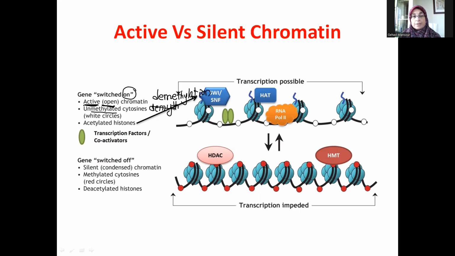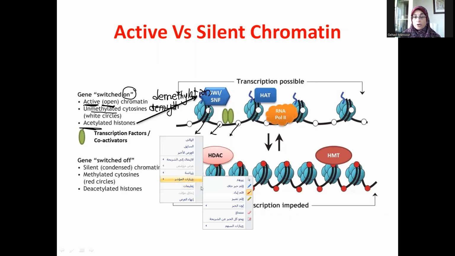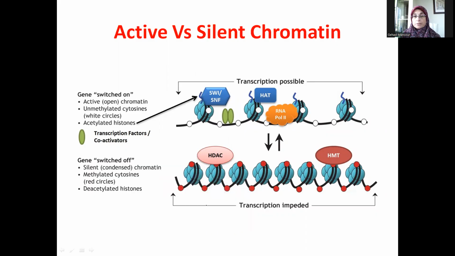And at the same time, there is acetylation of histones. So here, all these white dots are dots where methyl groups were supposed to be present. So we removed all the methyl groups, and this helped loosening of chromatin. And at the same time, we added the acetyl groups. We acetylated the histones.